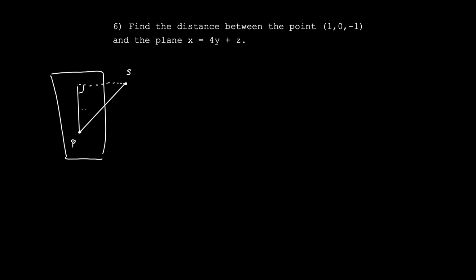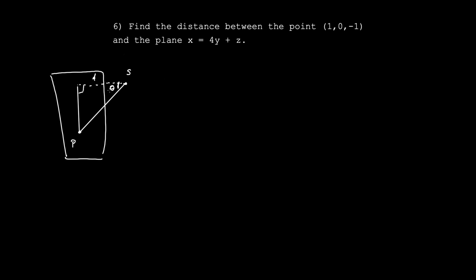So using this right triangle, we can start to find the value of D. The angle between the line PS and the leg that's created by S to the plane, we can call that theta. And we can find out what the value of D is by using trigonometry.